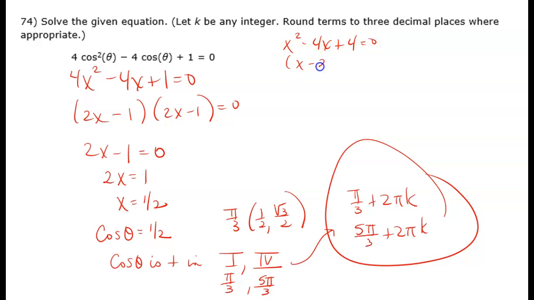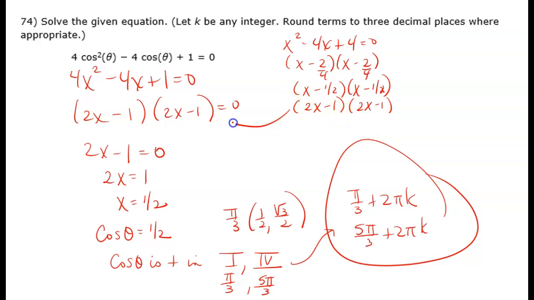So I'll have x minus 2, x minus 2. I need to divide by my leading coefficient, which is a 4. So x minus 1/2, x minus 1/2. And then remember the bottoms up part to that. So 2x minus 1 and 2x minus 1. So that's how I'm getting this here.